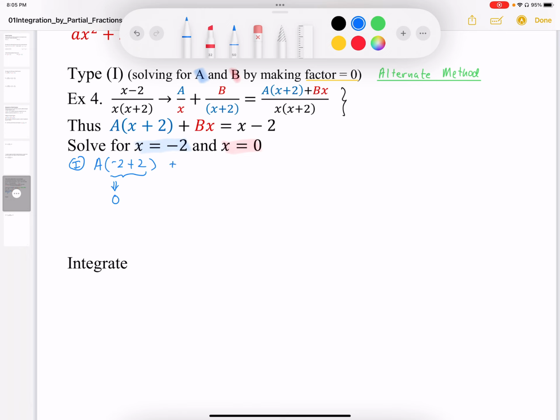And then plus b times, well, we set x as negative 2, so we plug negative 2 in there, so negative 2 minus 2. I've plugged into this original equation, I substituted x is negative 2.